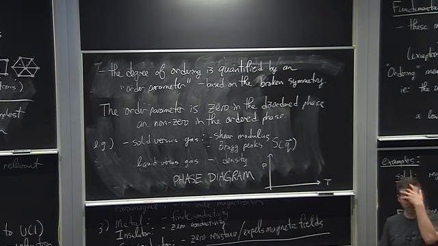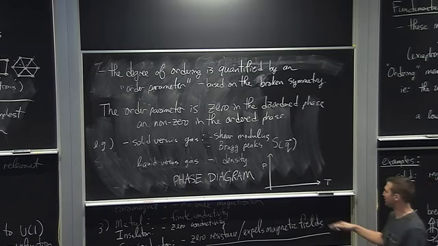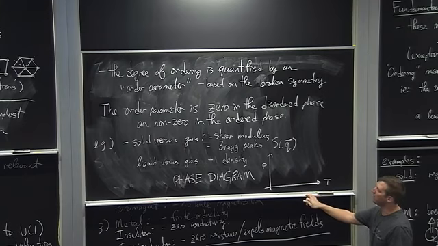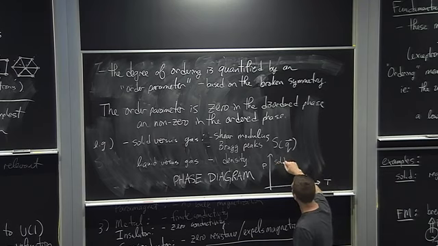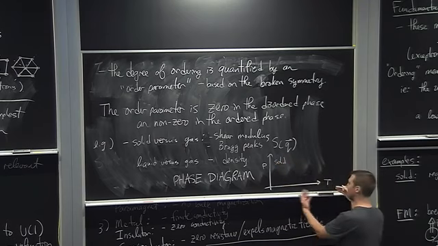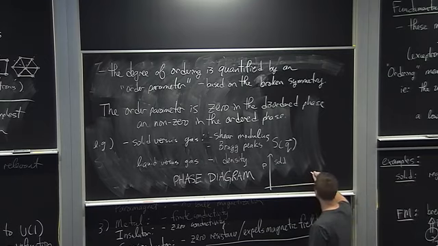And what a phase diagram is, is just a mapping of different regions of this plane, depending on where different order parameters are finite or where they're zero. So I can imagine somehow at low temperature, I can order into a crystal, into a solid. And at high temperature, maybe low pressure, I might have a gas. So I might expect some sort of phase boundary.